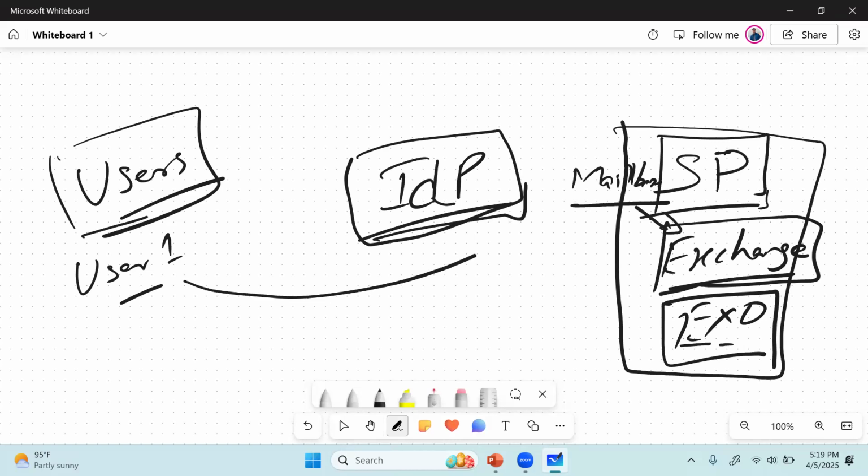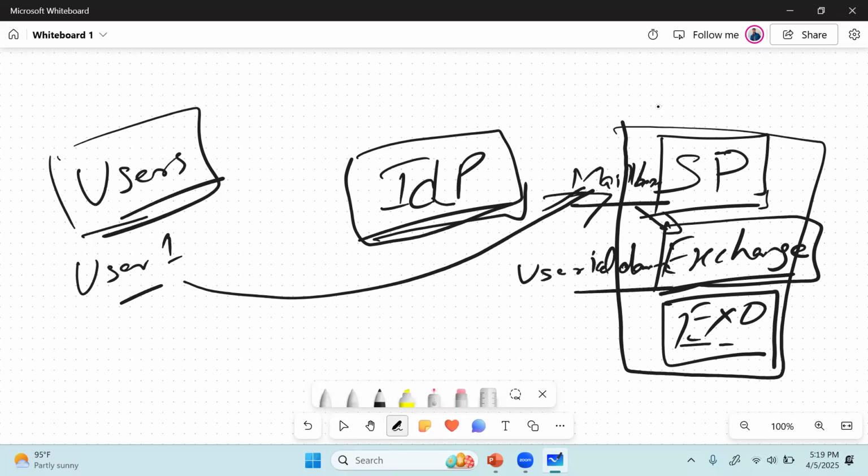If this user wants to access this mailbox, can he access it directly? Can he simply say, okay, I want to open the user1 at domain.com address, and simply log in and access his mailbox? No, he would not be able to.